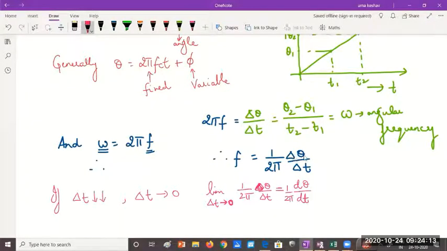So change in theta is written as delta theta, change in time is written as delta t, and when we take that change in time to be very small, then we can represent it as a differential of theta with respect to time, and that is another alternative expression for the frequency f.